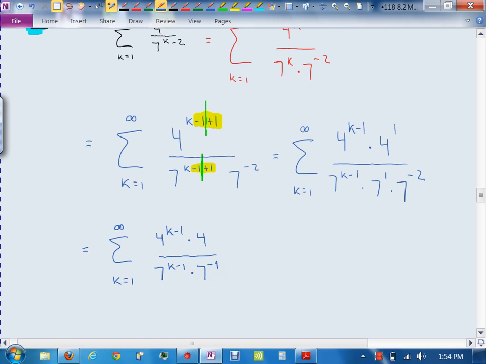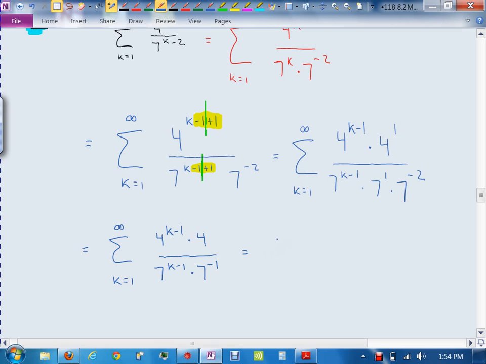What did I do there? Just combine the 7. Put the two 7s together. 7 to the 1 times 7 to the negative 2. You add the exponents, you get negative 1. Now I'm going to bring that 7 up. That 7 is going to come up and hit the 4 and become a what? 28, right? 7 times 4 is 28.